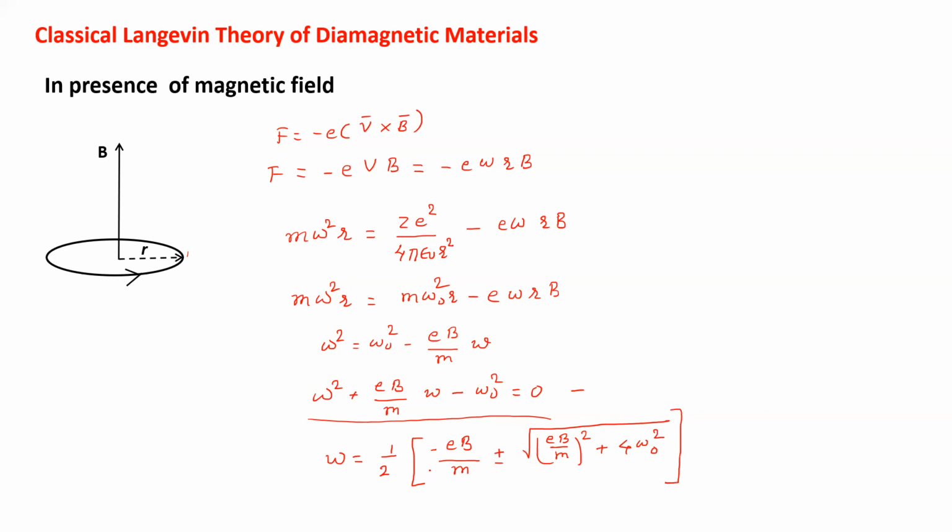So a is equal to 1, and therefore we will get this omega is equal to this. If you further simplify this, you will get omega is equal to plus minus square root of omega 0 square plus eB divided by 2m, this bracket square, and this minus eB divided by 2m.